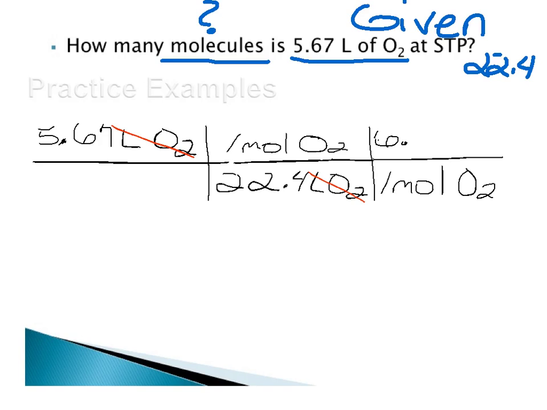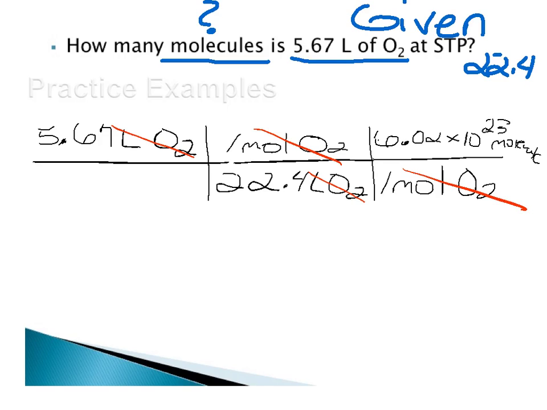Then our 6.02 times 10 to the 23rd, molecules will be on top. Once we have it set up like that, moles of O2 will cancel. We're left with molecules. That's what the question is asking us for.